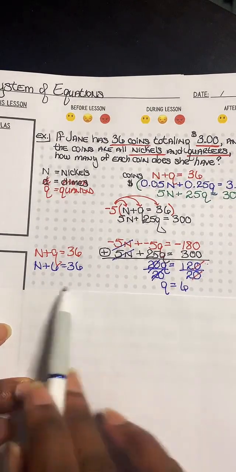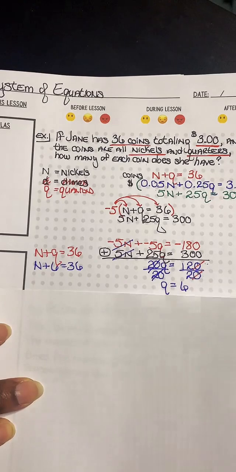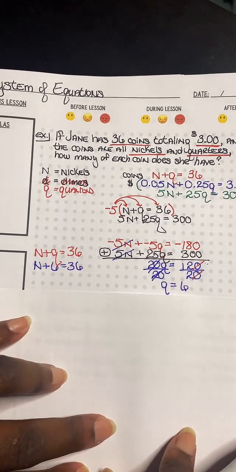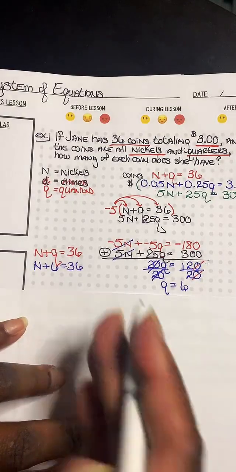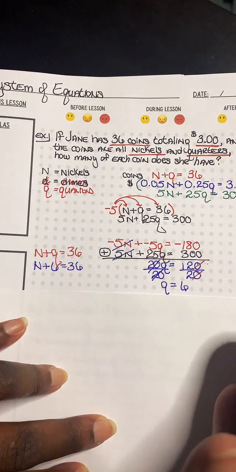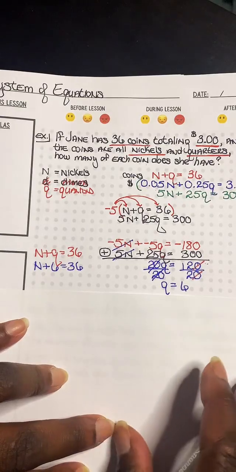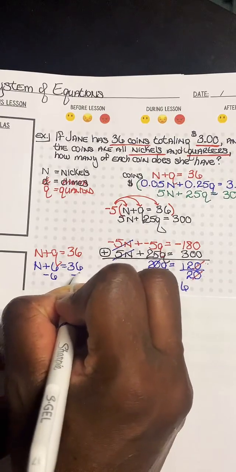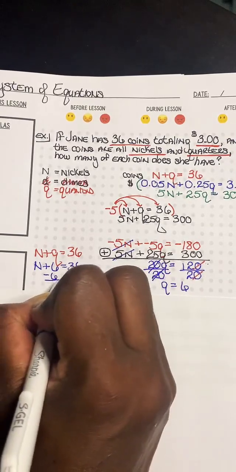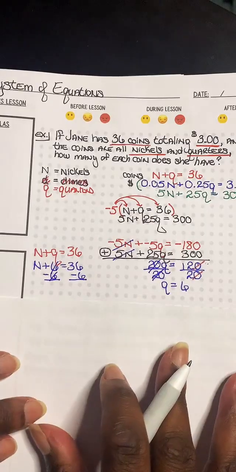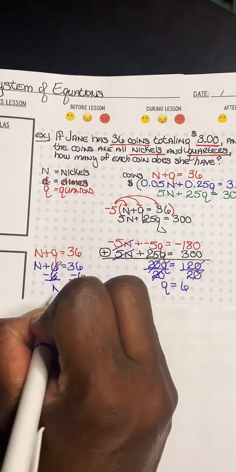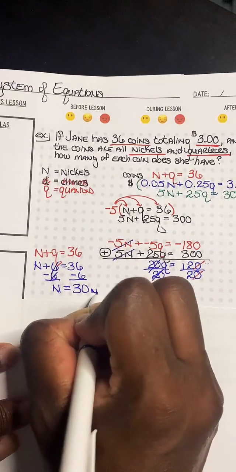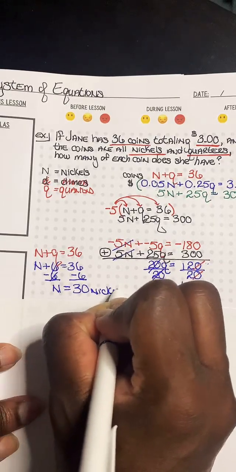Because during the test, they're not going to be like, oh, let me see your paper, let me see how you worked out the problem so I can give you partial credit. No, they just care, did you pick A, B, C, or D? Some tests E. Did you pick the right answer? So sometimes our homegrown ways of solving, there's nothing wrong with it. So we got our 30 nickels.